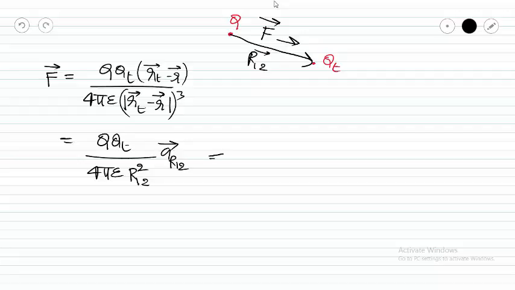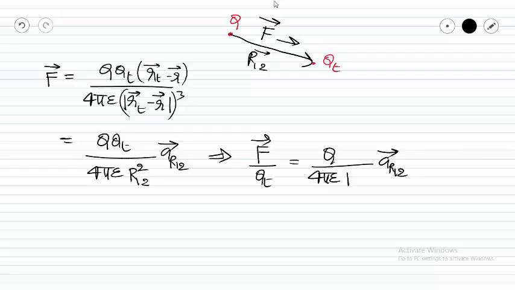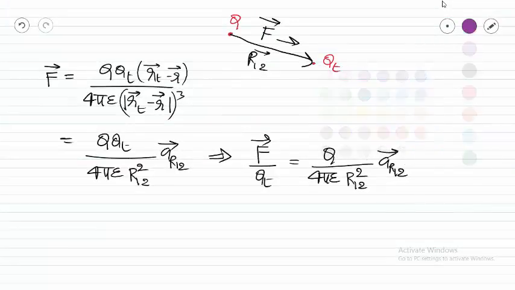Now let us bring this Qt to the left side. So F bar by Qt is equal to Q by 4 pi epsilon, a R12 bar by R12 square. Now look at this expression clearly.